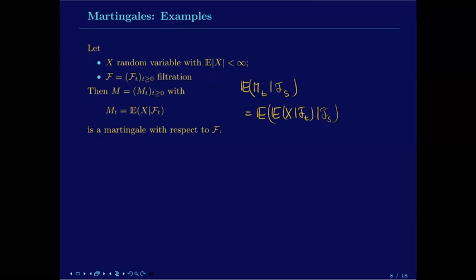So by the law of total expectation, this is equal to the conditional expectation of X, the original random variable here, given the smaller sigma algebra F_s, which, however, equals M_s. So by that, we have shown that this process satisfies the martingale property.